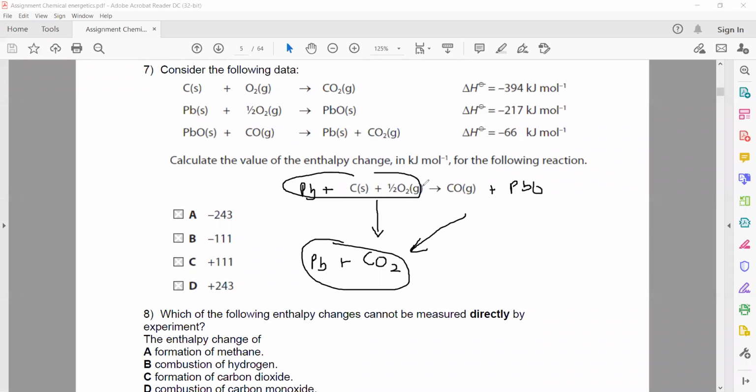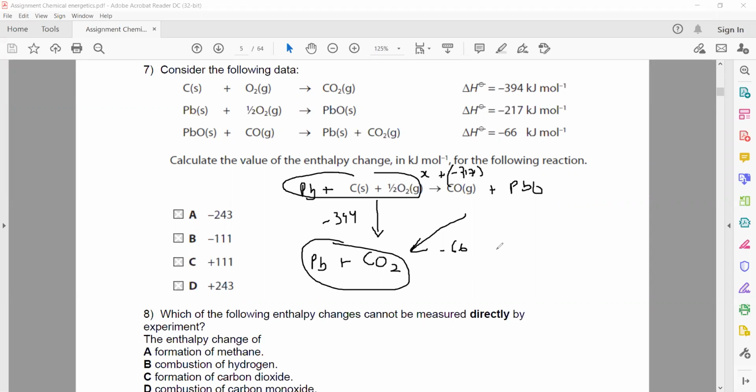Means this one is how much? Carbon reacts with oxygen to give carbon monoxide, so this is X, unknown for us. Lead reacts with oxygen to form lead oxide, that is minus 217, and carbon monoxide and lead oxide react to form lead and carbon dioxide, that is minus 66, and carbon dioxide formation is minus 394.